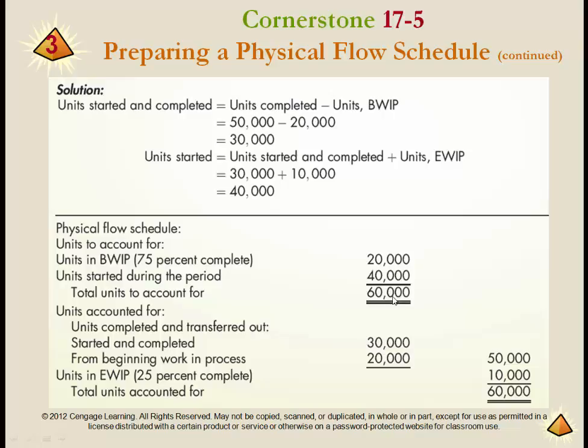And we know that we had 20 that were in the beginning. So we kind of backed into this 40,000, even though they don't show it that way. That's truly what happened. And we had 30,000 that we started and completed, and we had another 20,000 in beginning work in process. There's an ending. So there's our reconciliation of 60,000.